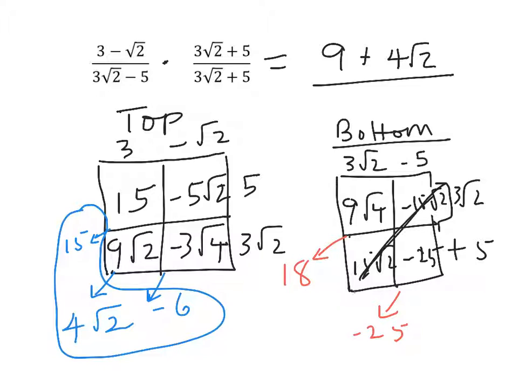And here is 0. So we're going to add these together. 18 plus negative 25 will be negative 7. So this is negative 7, and that goes at the bottom right here. There you have it. That's the answer.